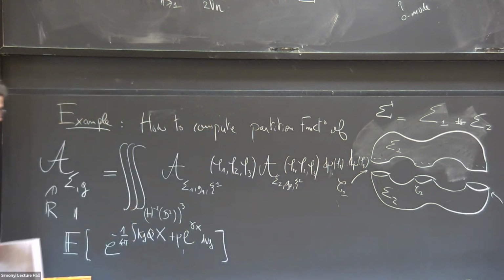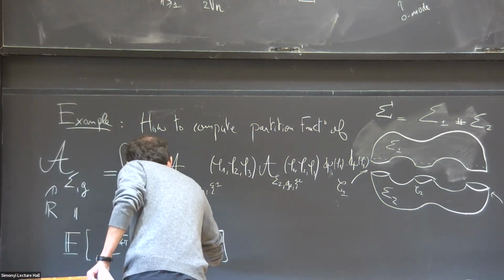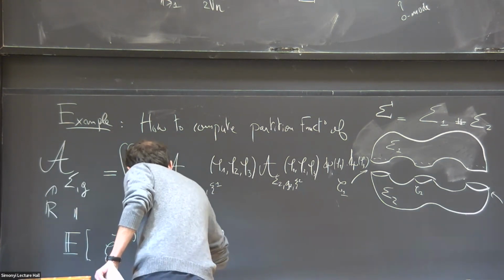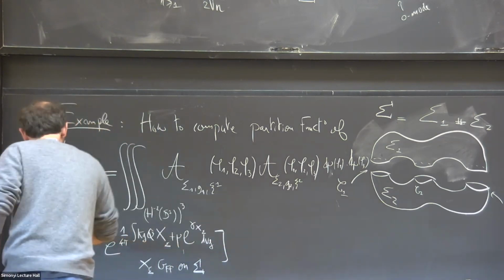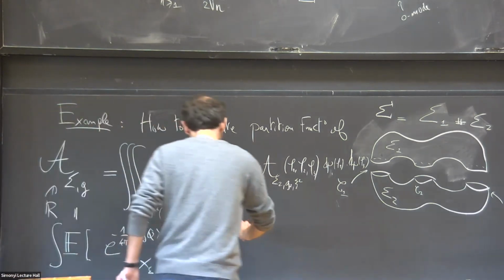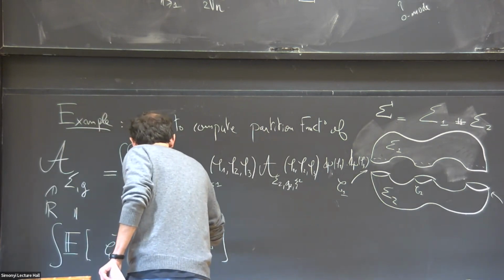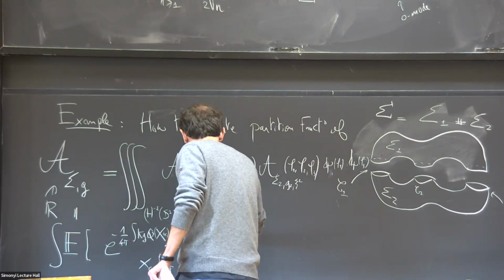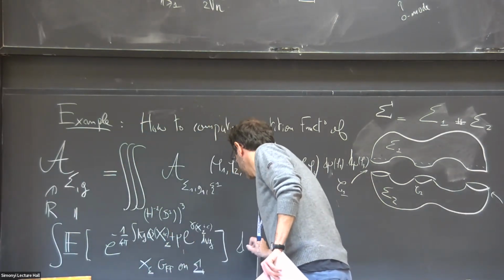Maybe there is some determinant of the Laplacian also. And X is the GFF on sigma. And then there is also an integral over c. Oh, I forgot, so it's X plus c. The GFF on sigma is orthogonal to constants, so I have to separate it somehow. dc.